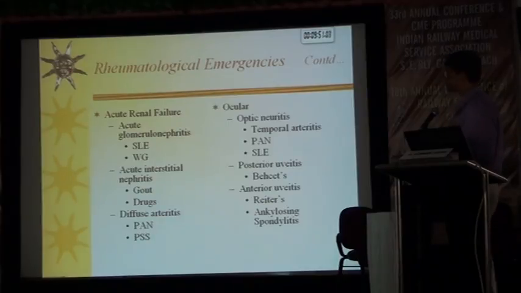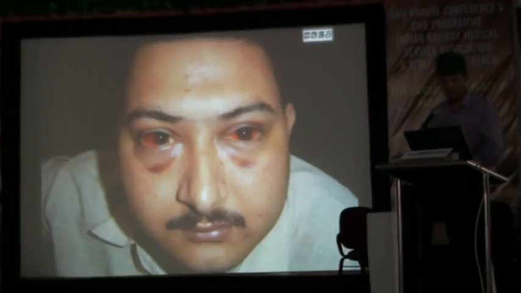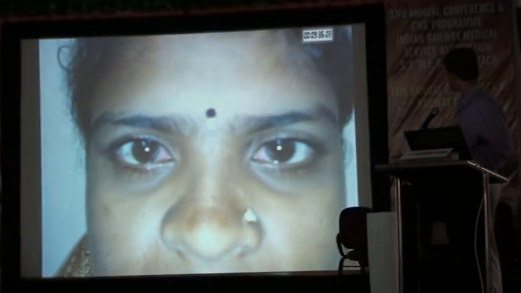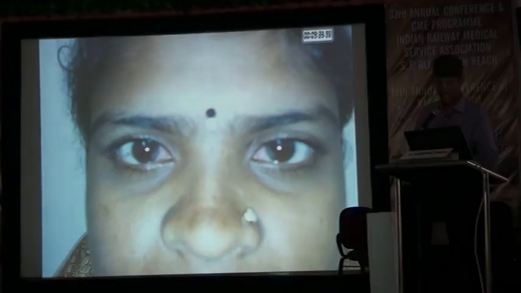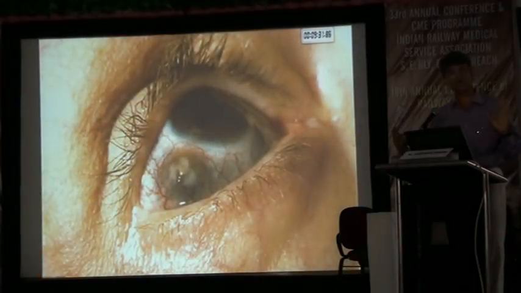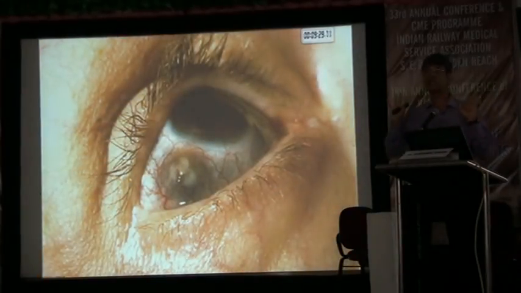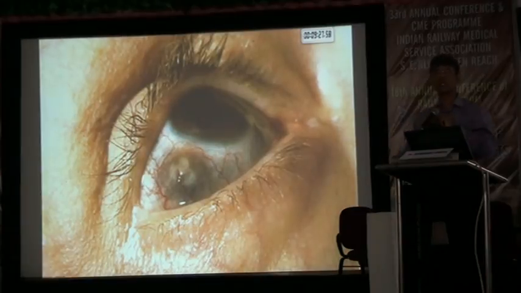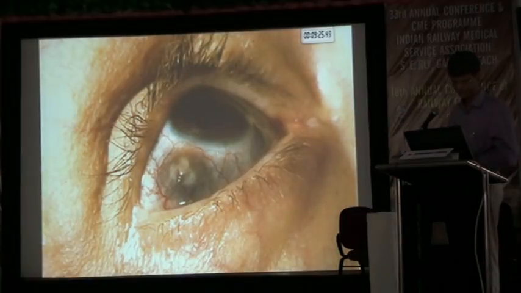A patient can have acute blindness that could be either painful or painless, and can have anatomical compartmental involvement. A patient can have bilateral red eye, acutely developing, or can have an iritis, or can have scleritis, even scleromalacia perforans. So these ocular emergencies in rheumatology practice are equally important.